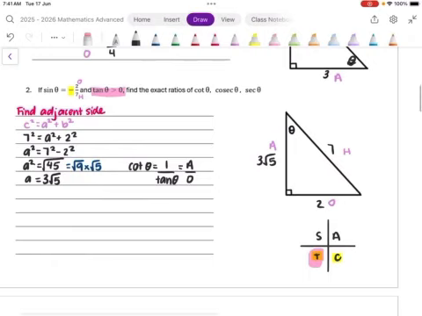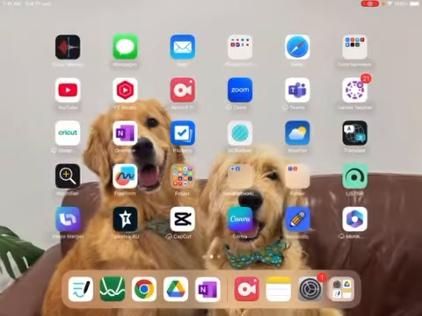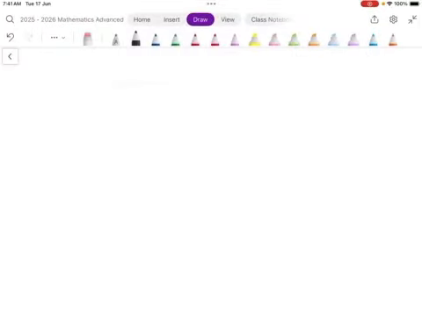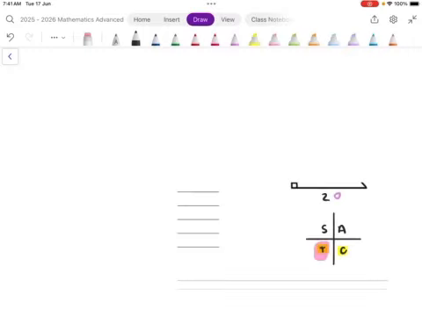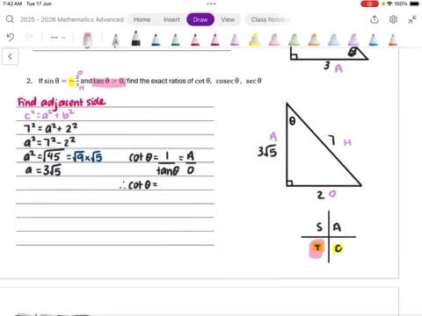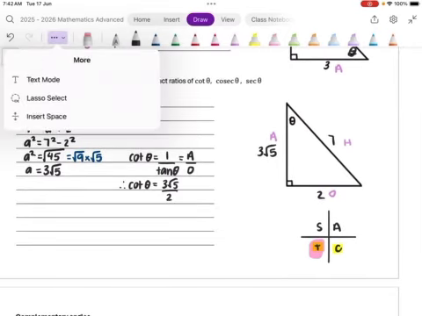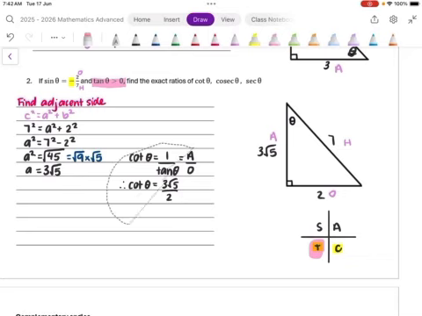So cot theta is going to equal 3 root 5 over 2. I'm actually just going to move this up because we're going to have a bit of working out to do.